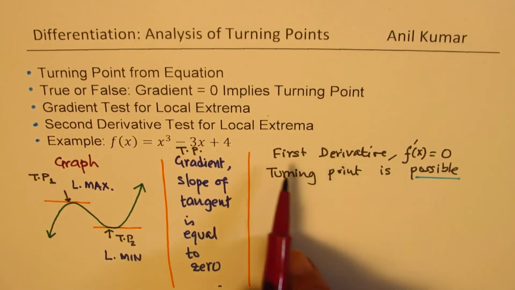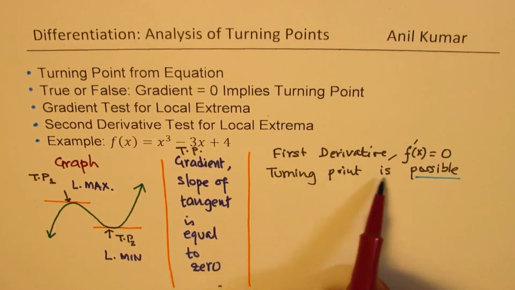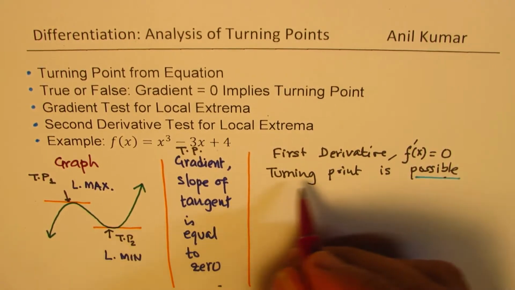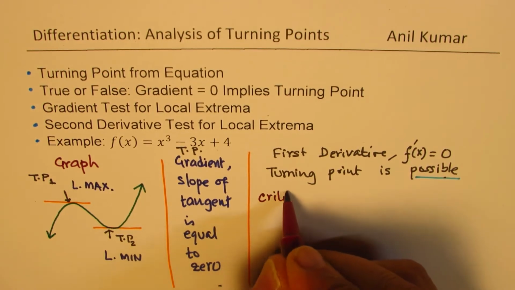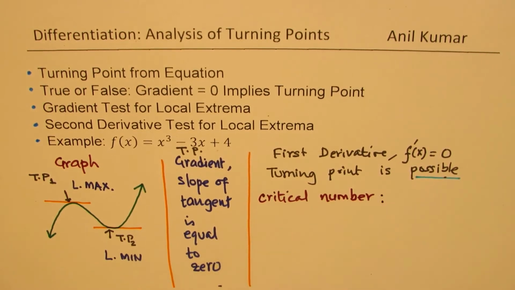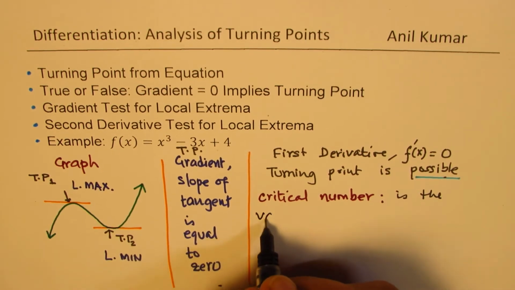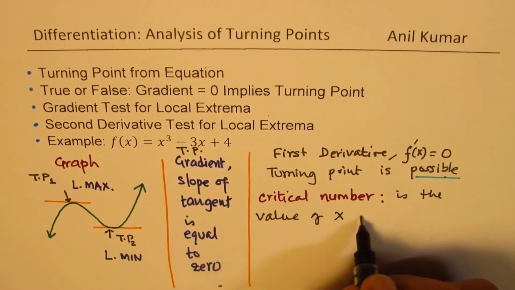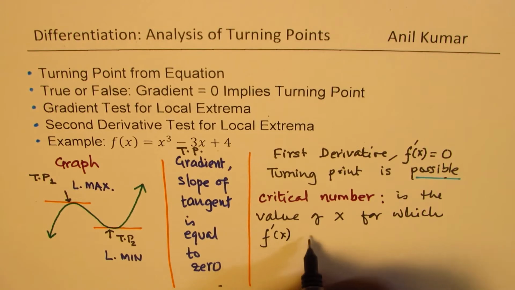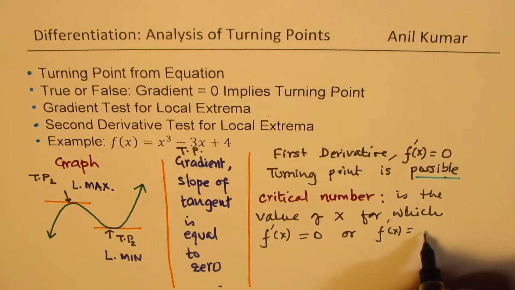So what we actually call this first derivative equal to 0 is a critical number. So we actually get this as a turning point possibly, right? So what we normally call this, we say this is a critical number. So let me define another term here, critical number. A critical number is the value of x for which the first derivative is equal to 0 or the first derivative is not defined.